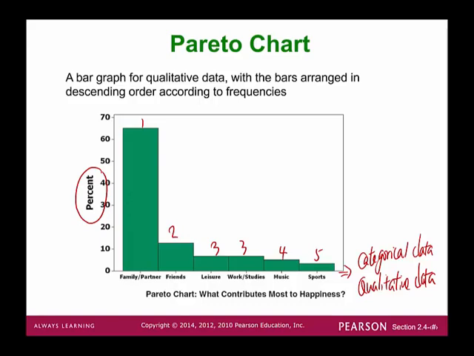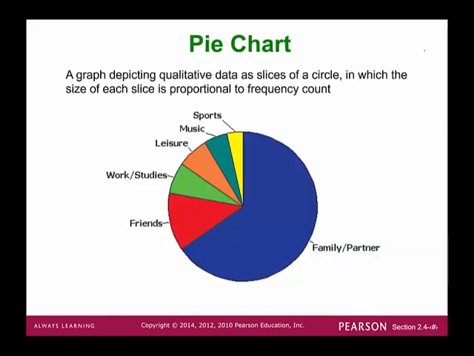And we can easily convert a Pareto chart to a pie chart. So depending on your needs, you can use a Pareto chart to represent a data set or the pie chart. The pie chart basically just draws a circle, and the family and partners here is above 65%, contributing 65% towards happiness.